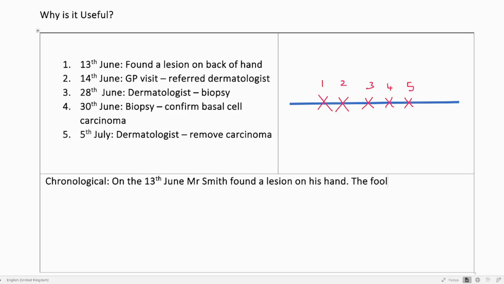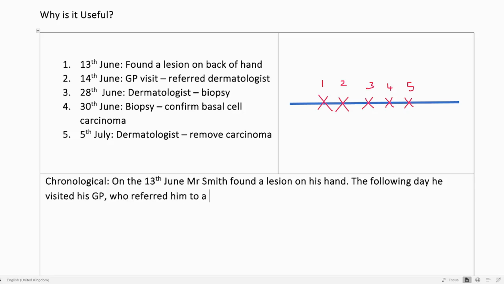The following day, following the order of time, the following day he visited his GP, who referred him, nice relative clause, who referred him to a dermatologist. On the 28th of June, the dermatologist, I don't know about you, but this feels a bit long. The dermatologist did a biopsy.